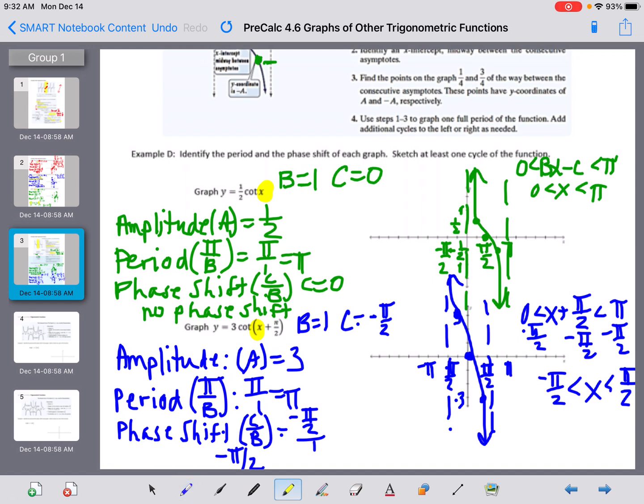The key things I'm looking for in your work are, did you set up a bx minus c between 0 and pi for cotangent, or between negative pi over 2 and pi over 2 for tangent? Those are the things that are important. All right, so tangent, cotangent, we're done. Let's move on now to cosecant and secant.